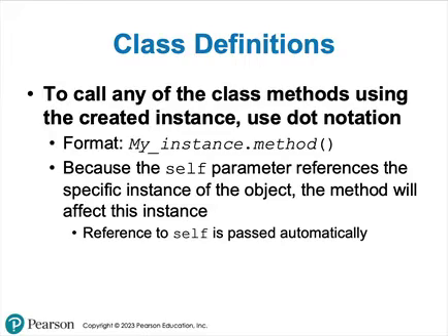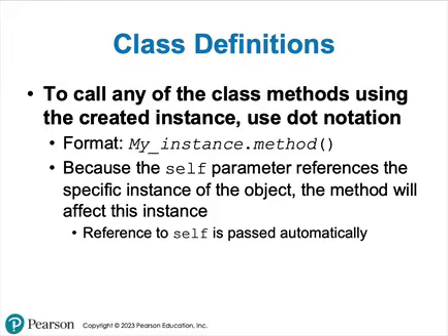If you want to call a method within a class or within an object instantiation, you're going to use the name of the instance, or the variable that we're using to refer to the instance, dot the method name, and then arguments.